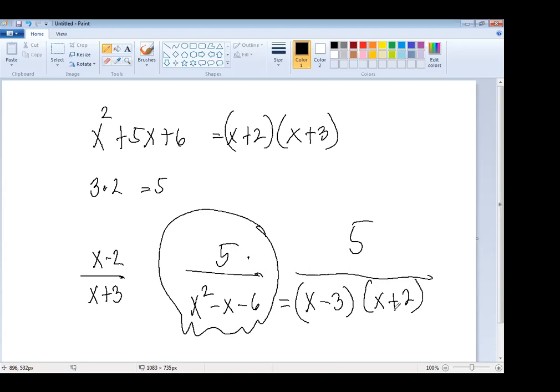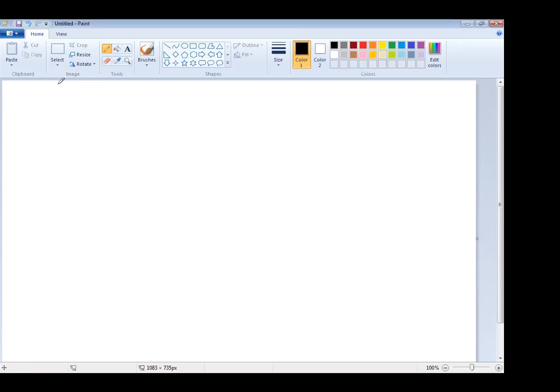So let's try some examples where we can reduce it to the simplest form. Before that, these are the properties that you need to remember.